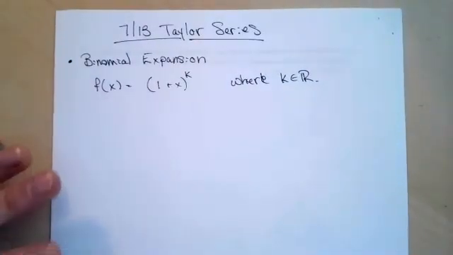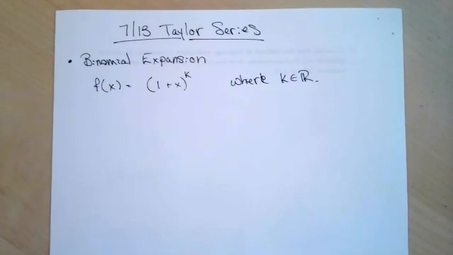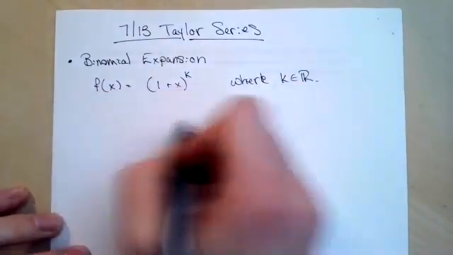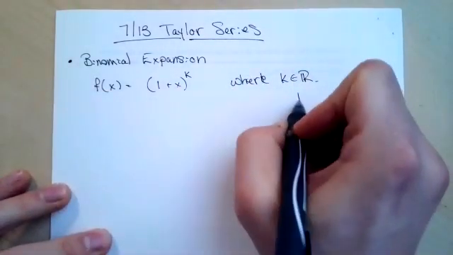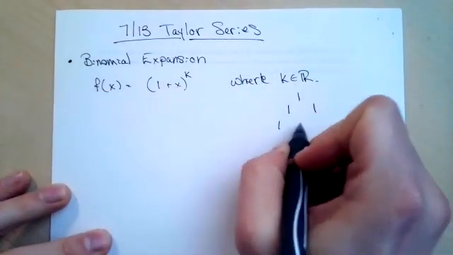So if k is a positive integer, we know how to expand it. We can multiply everything out. And I don't know if your instructors for either Calc 1 or somewhere in pre-calc or in high school have shown you this, but this is going to be related to Pascal's triangle.